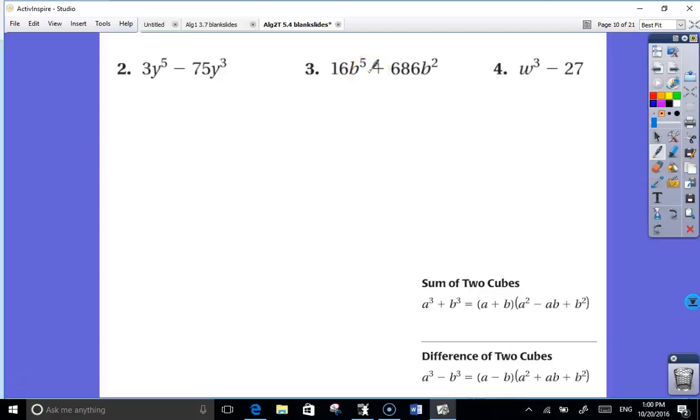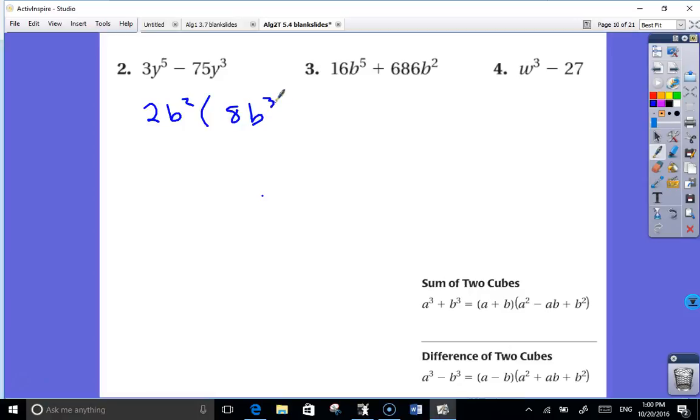It's not b, it's 2b squared. You could see both 16 and 686 are even, so clearly you could divide out a 2. And when you divide 686 by 2, you get an odd number, 343. So if I divide out the 2b squared, the first term becomes 8b to the third.